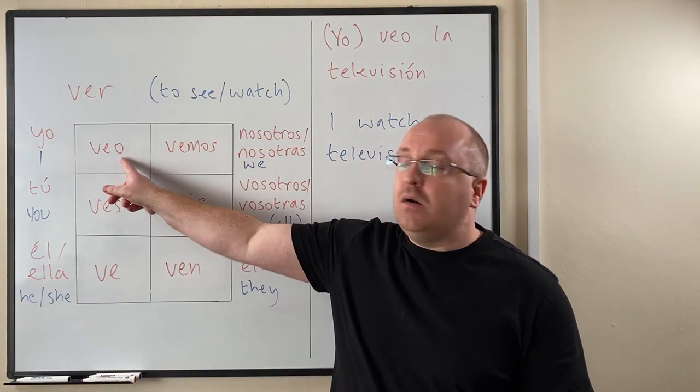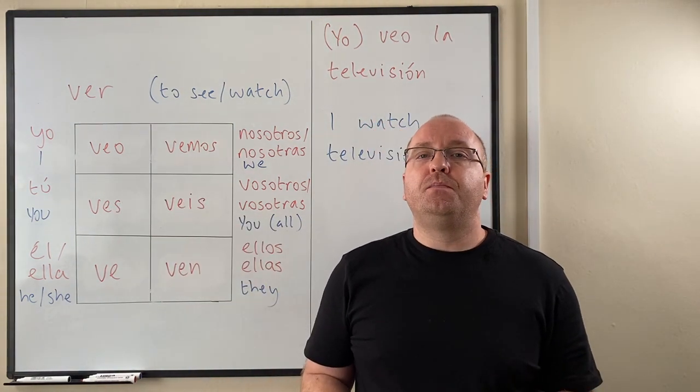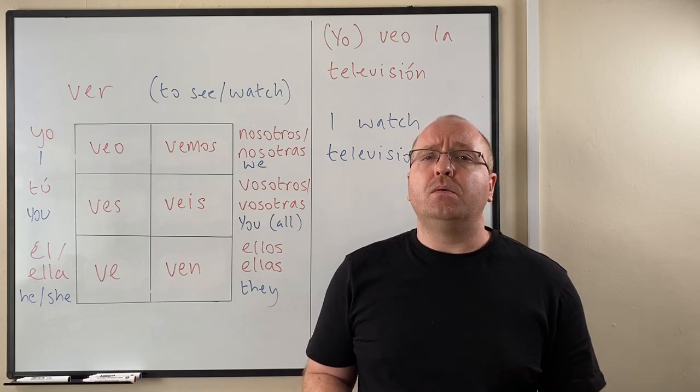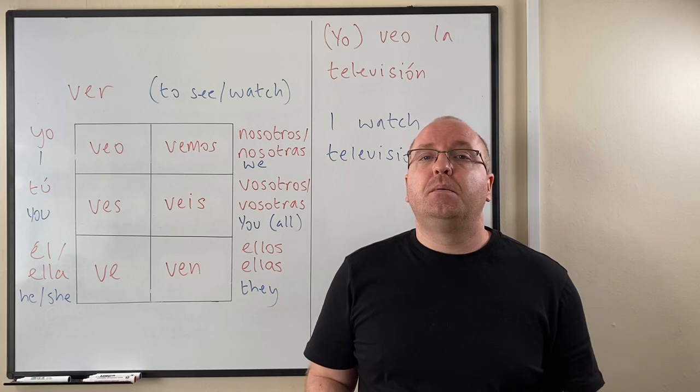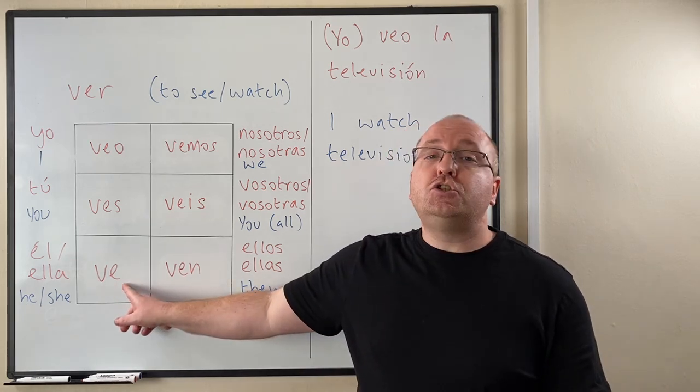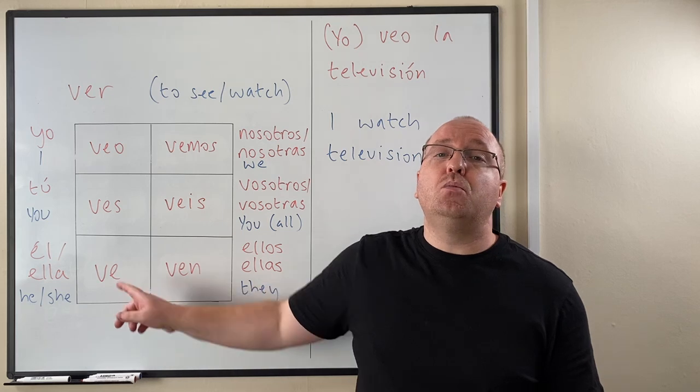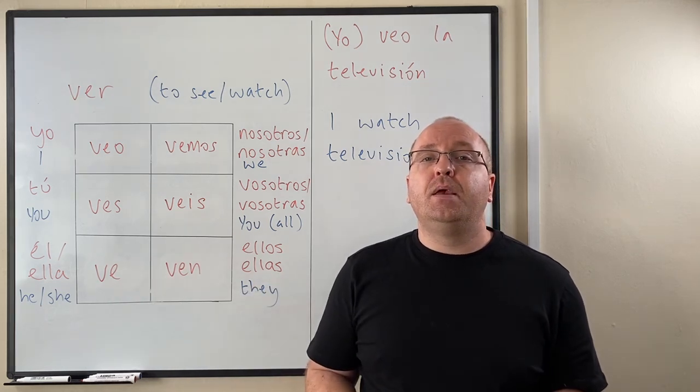Now let's look at the conjugated forms. I see or I watch, veo. You see or you watch, ves. He or she sees or watches, ve.